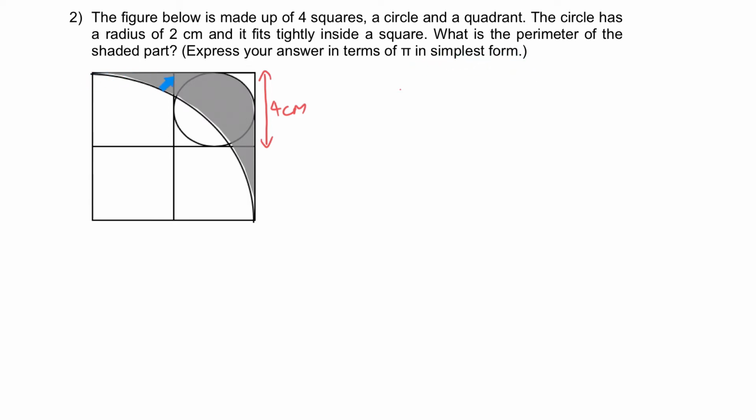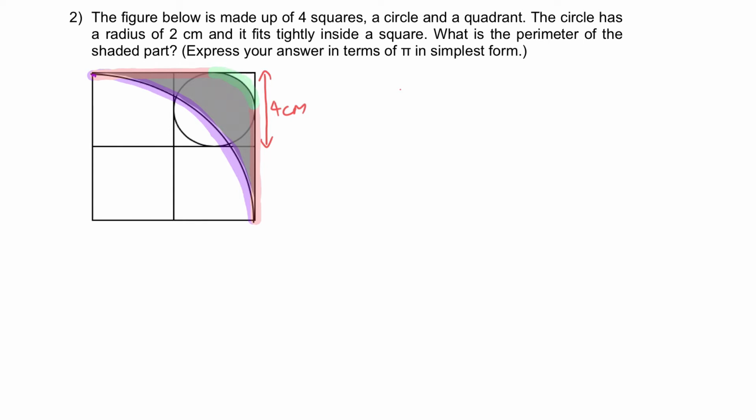Over here, to find a perimeter, let's figure out which segments they are made up of. First, it is made up of the circumference of the quadrant here. Next, we have this horizontal length here, this vertical length here, and the last part, which is this. Some of you might be wondering, what is this?